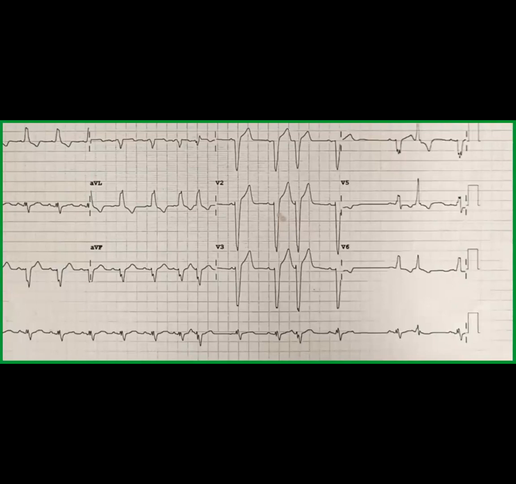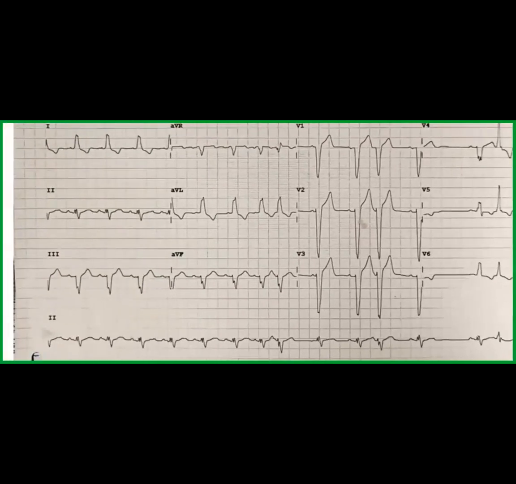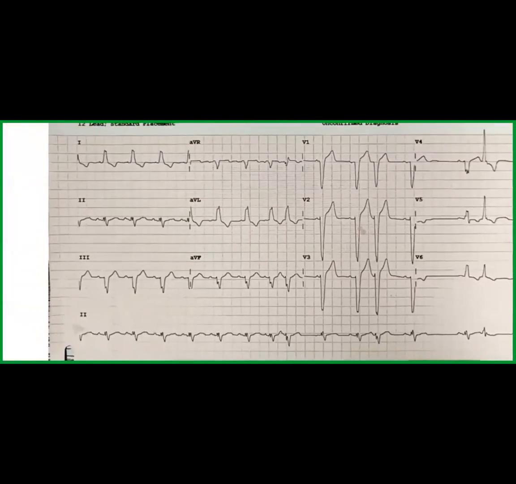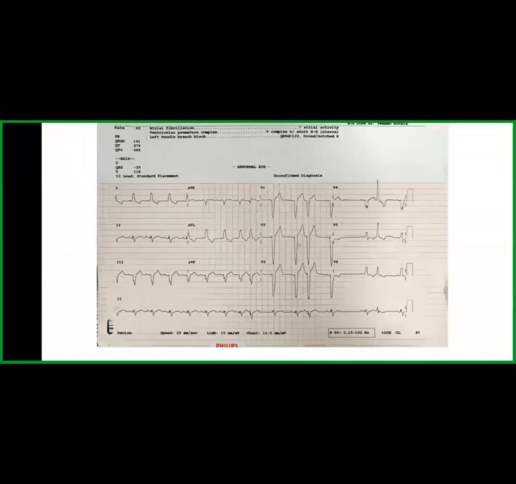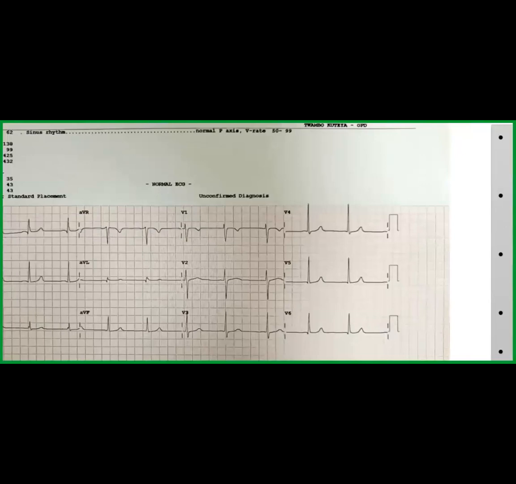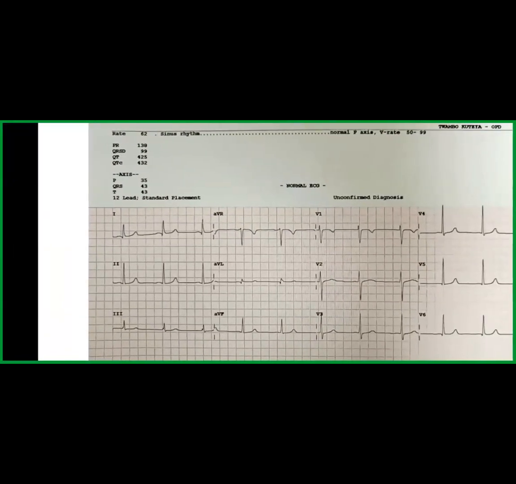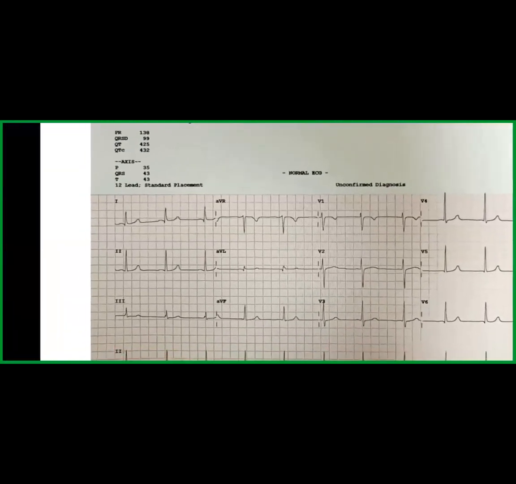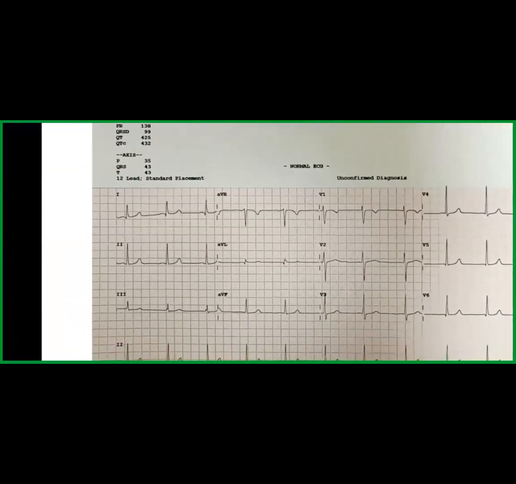We're able to see in this example here that everywhere we have a QRS complex going in one direction, the wave after that one that follows will be going in the opposite direction as well. Comparing this to our normal ECG, we're able to see that all of the waves here are quite positive in all of the leads except AVR and V1.